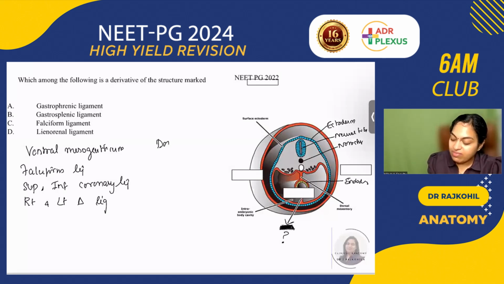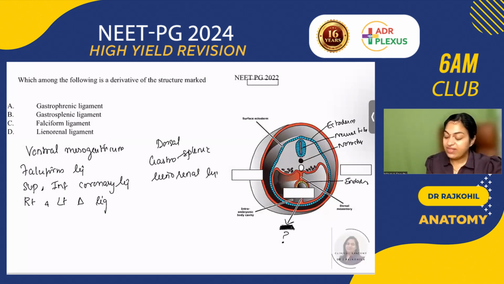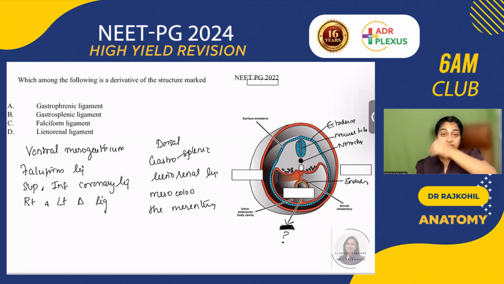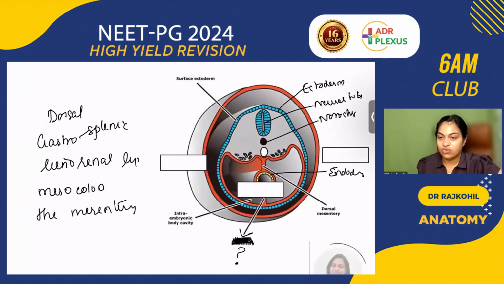The dorsal mesogastrium will give rise to the gastrosplenic ligament, lienorenal ligament, and the dorsal mesentery is going to give rise to the mesocolon, the sigmoid mesocolon, the transverse mesocolon, right? And the mesentery. So you should be prepared for this question, whatever image is given, a cadaveric image or an image from the embryology textbooks.